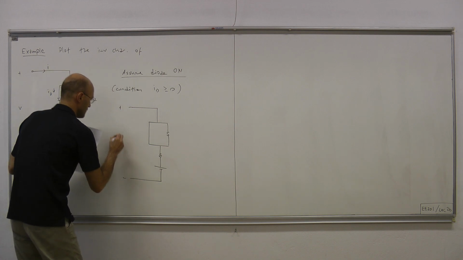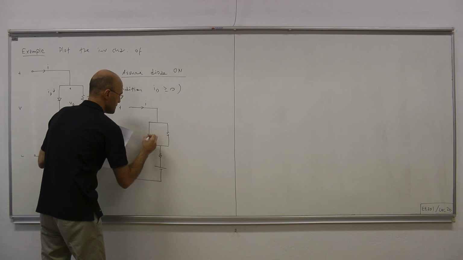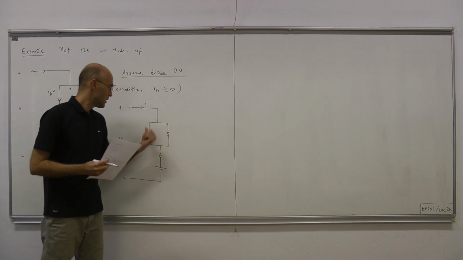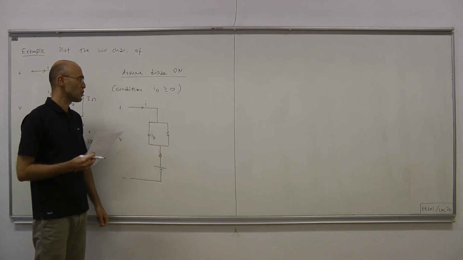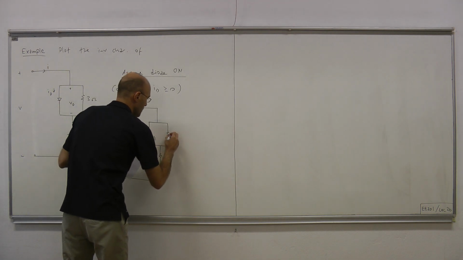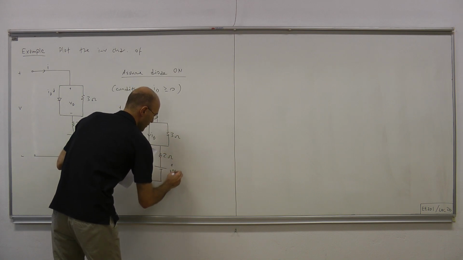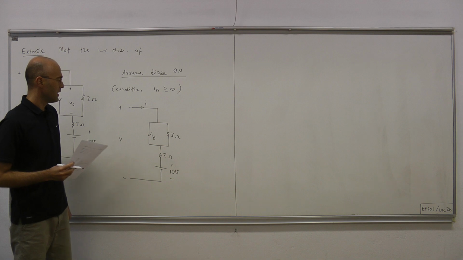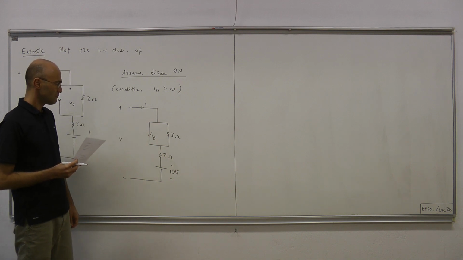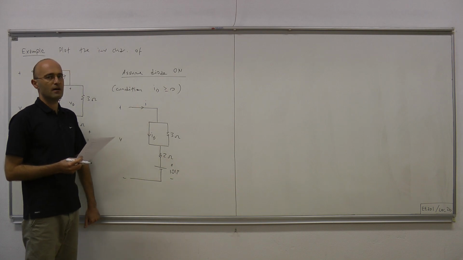Plus minus V. This is I. This is the diode current. Now it's behaving like a short circuit, and the condition is that that current is positive. 3 ohms, 2 ohms, and we have 10 volts here. Now in this circuit, it's very straightforward to obtain the voltage current characteristics.